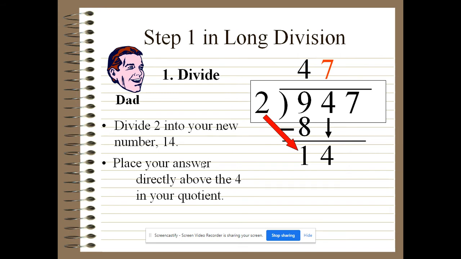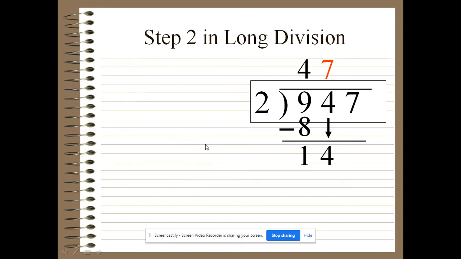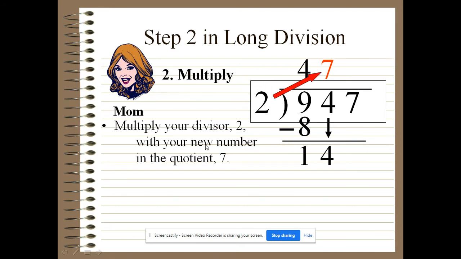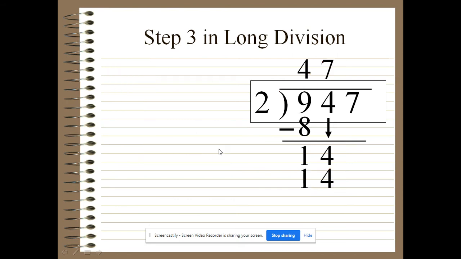He gets 7. 14 divided by 2 is 7. Put the 7 as part of the quotient, and then that's dividing. And then, of course, Mom comes in and multiplies. You multiply the 7 that you placed on top times the divisor. And remember, your product for those two goes below the 14. And it just so happens that 7 times 2 is 14.